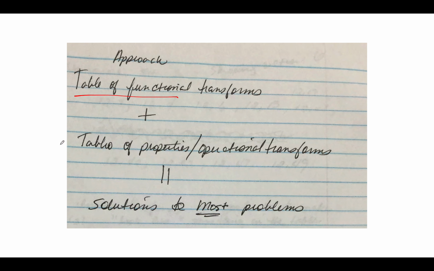And alongside that, we have a table of properties of the transform, or operational transforms. If we utilize both of those together, we can actually come up with the solution to most problems in the Laplace domain. So it turns out that's pretty straightforward, and we don't actually have to use integration.